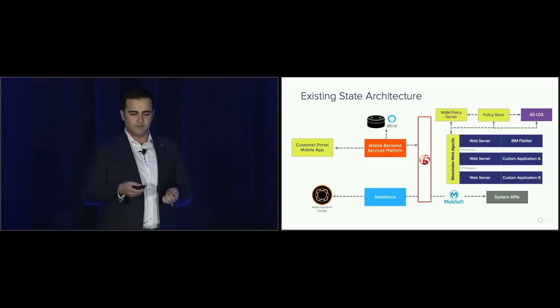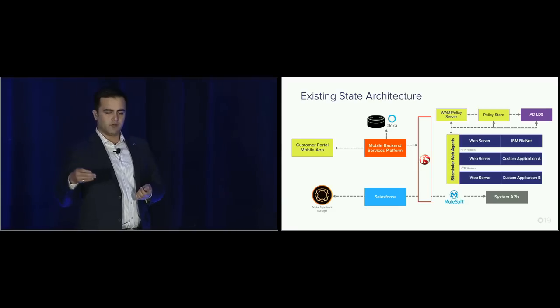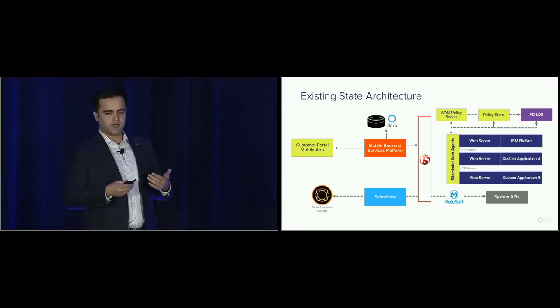So what they had previously was these two cloud-based systems, and on the back end they have their documents, their policies, stored on products like IBM FileNet, secured using SiteMinder web agents. You can see that on the right side, IBM FileNet, and then there are a couple of other applications that they've built out as part of their business over the last few years.